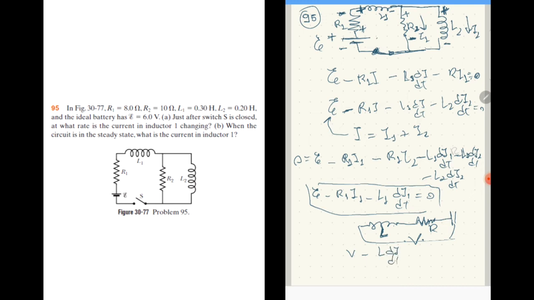L dI/dt. What's the potential difference associated with this resistor? It's this thing. All of this sums to 0. So this is the same as the equation right above.